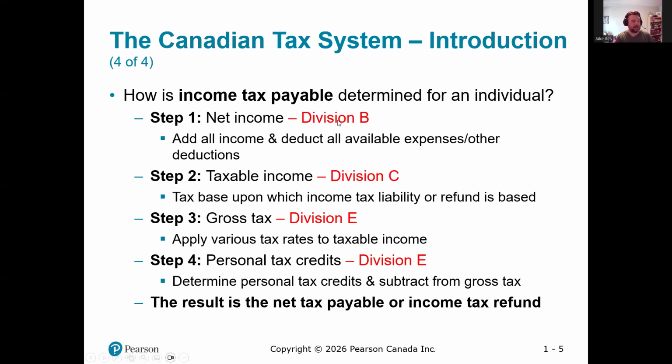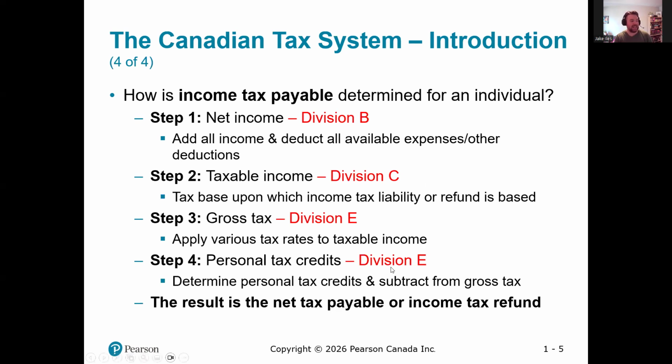So Division B calculates your net income in a given year, but not all of that income is taxable. So our step 2 is figuring out how much of our income will have taxes applied, and that's called Division C. Division D is like Division C, but it applies to non-residents.